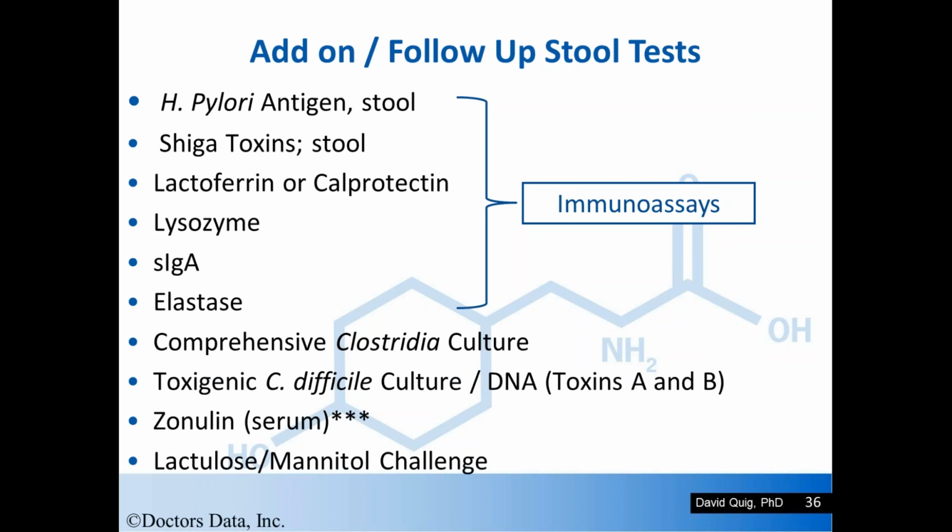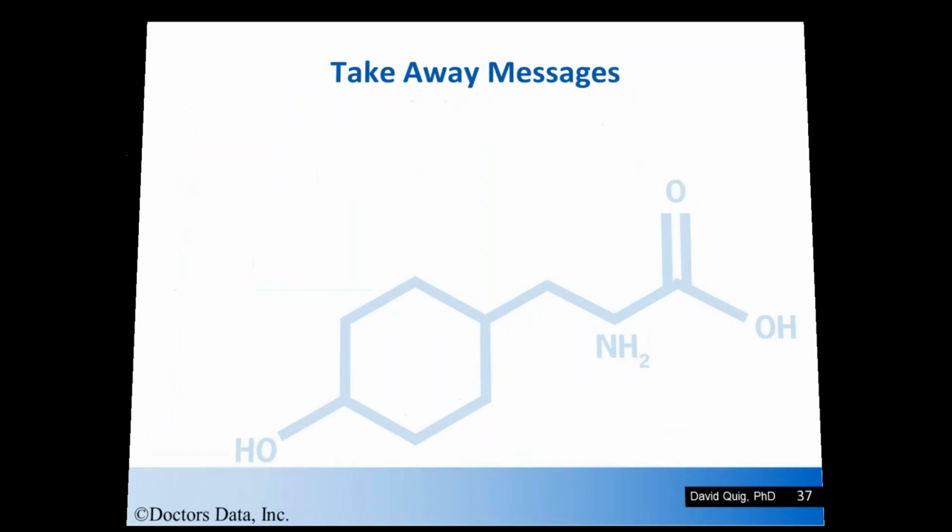The problem with the sugar challenge test compared to the zonulin is that the sugar test only measures the influx of much smaller particles, the size of mannitol and lactulose, whereas zonulin is more associated with the influx of larger macromolecules that are very antigenic.